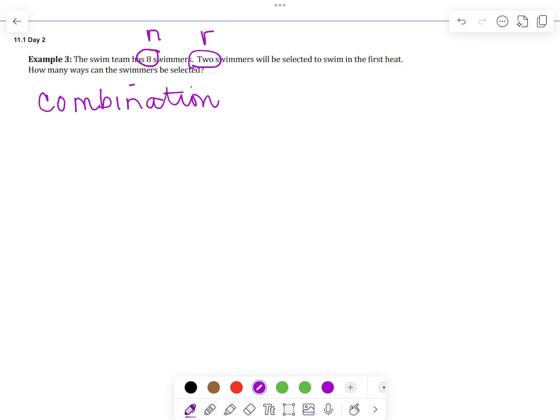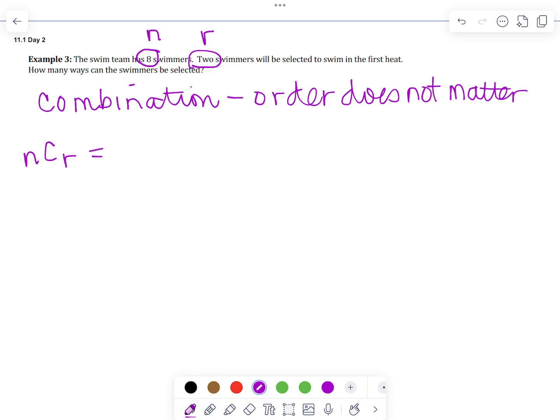Doesn't matter the order in which you select the people. We're going to go ahead and write our formula, nCr. So we have 8, and we're choosing 2 people in the group. And we substitute in our formula, so 8 factorial divided by 2 factorial, and then 8 minus 2 factorial.